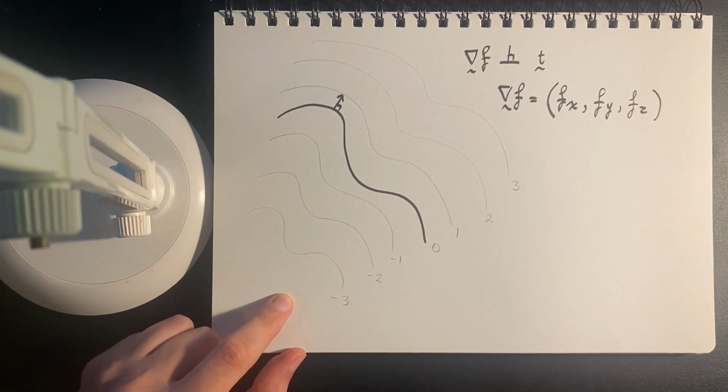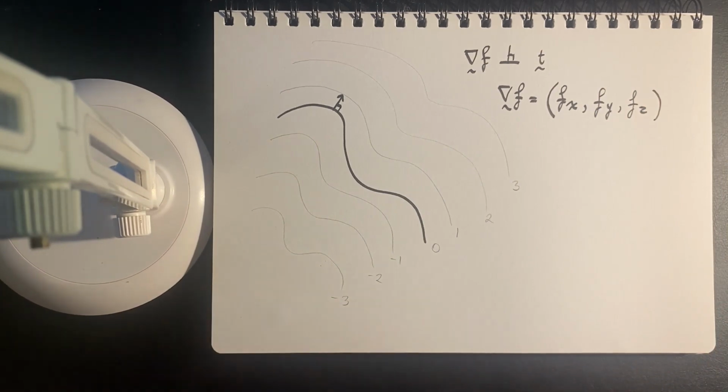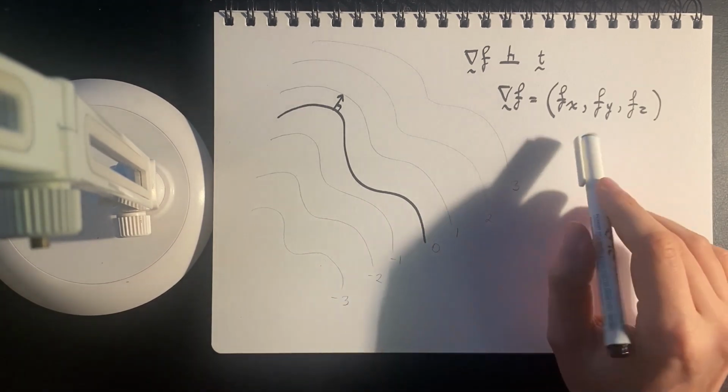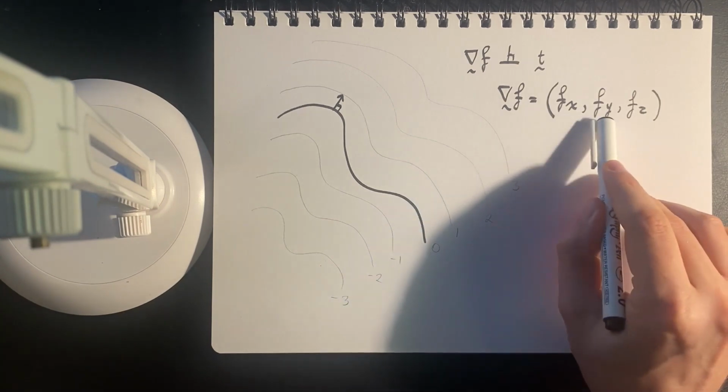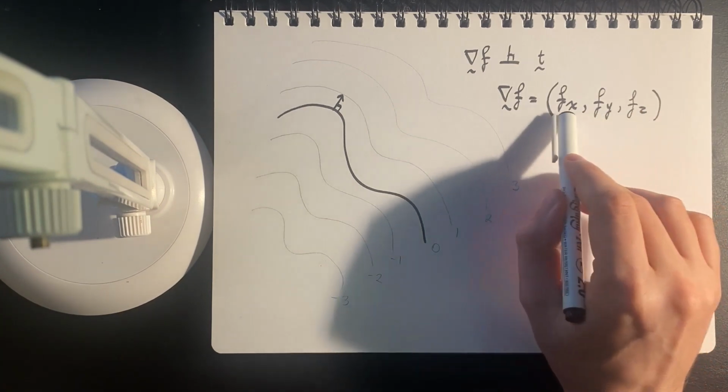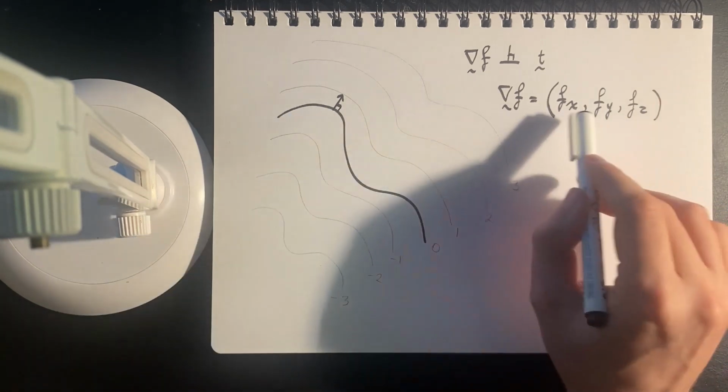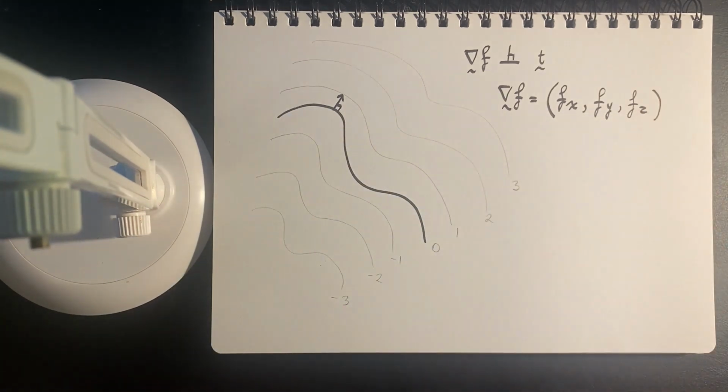Right. So I'm not sure if this makes sense or not, but what this comes down to is, remember, f is the signed distance field. What we need to do is measure or approximate the partial derivatives of the signed distance field with respect to x, y, and z, and that will give us the normal vector.